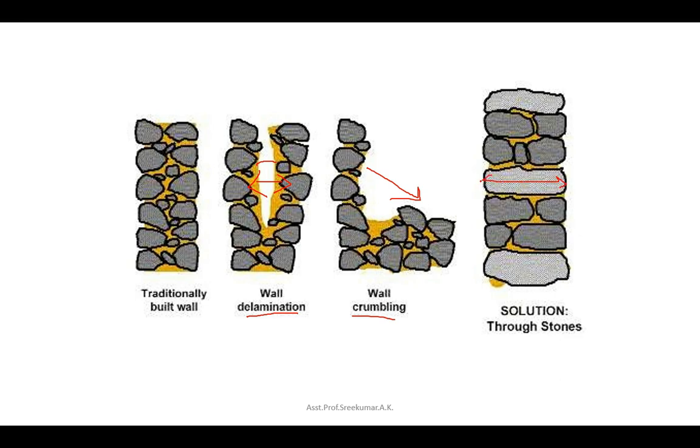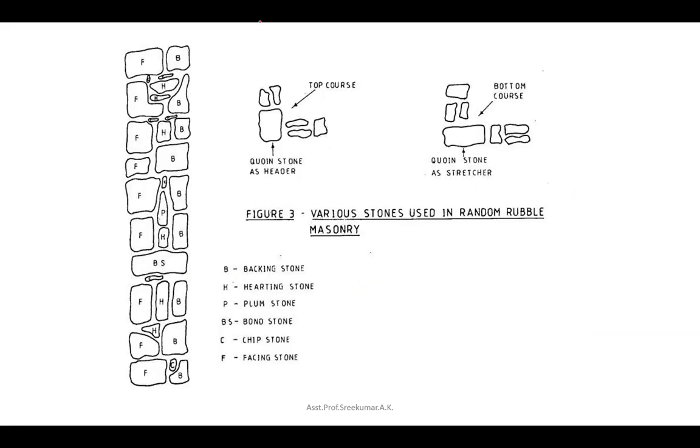We also have certain other stones used in random rubble masonry. As you see in the image, there are certain stones represented by certain letters. By B, we mean the backing stone, the stone that is used on the rear side of a stone wall. And by F, we mean the facing stone used on the front side of a stone wall.